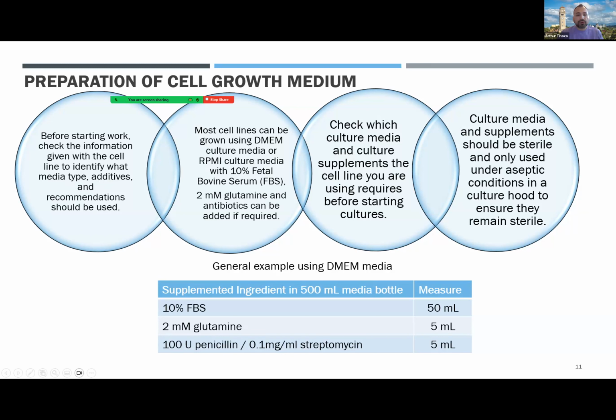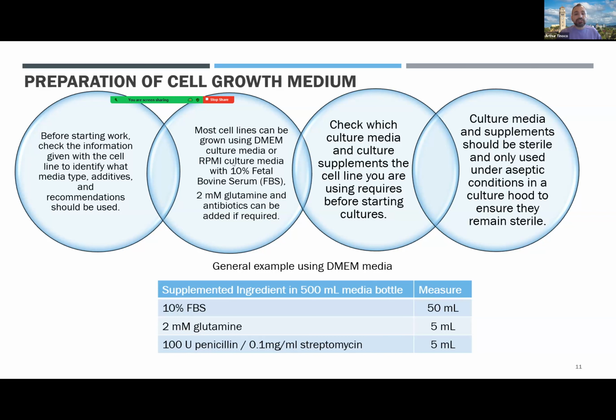Most cell lines can be grown in a media called DMEM or also RPMI, but typically media needs to be supplemented. The reason is that a number of these ingredients that are crucial for growing cells will not last very long if they're already supplemented into the media. Media is maintained for many, many months.